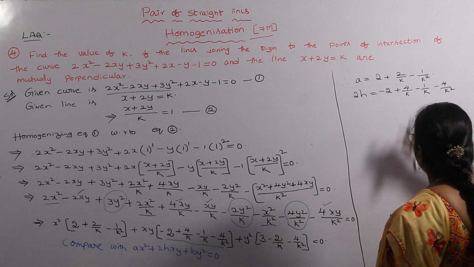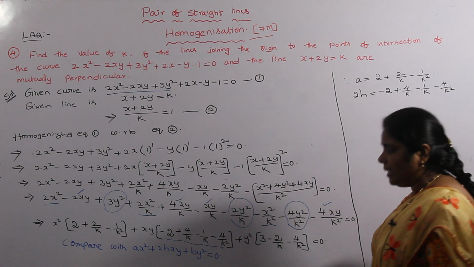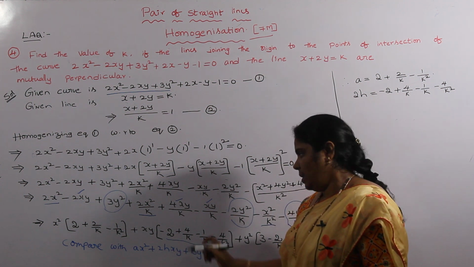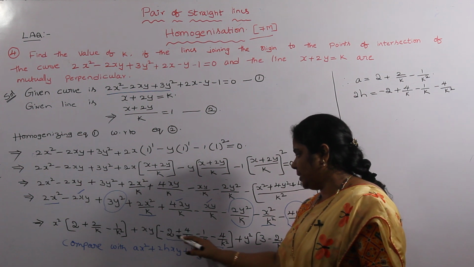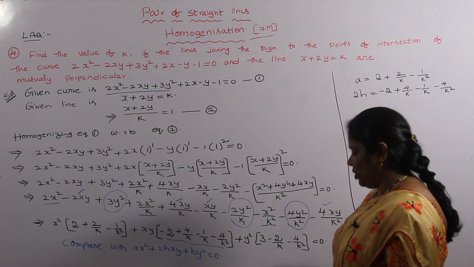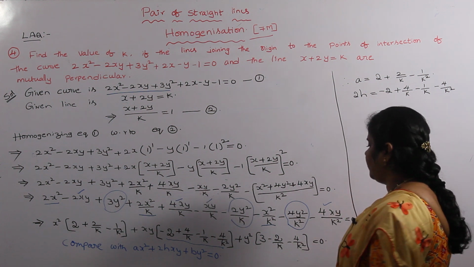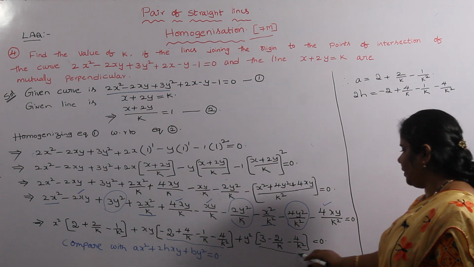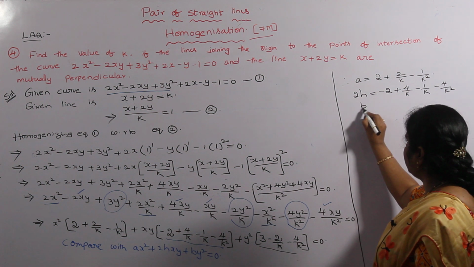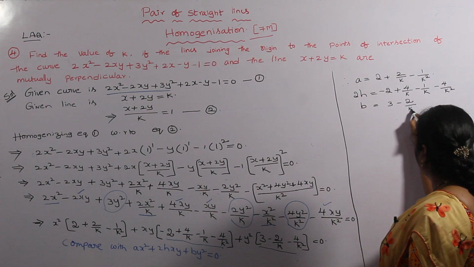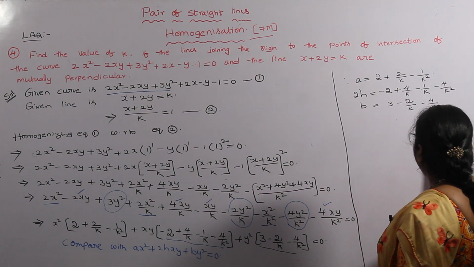This is the 2h. After that, the y² coefficient. What is the y² coefficient here? Here the y² coefficient is b. So we take b = 3 − 2/k − 4/k².